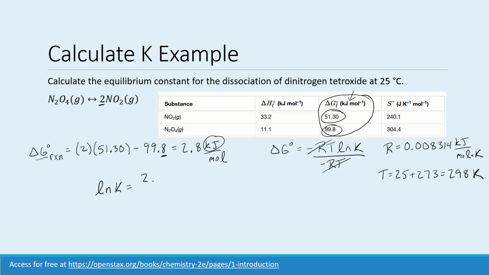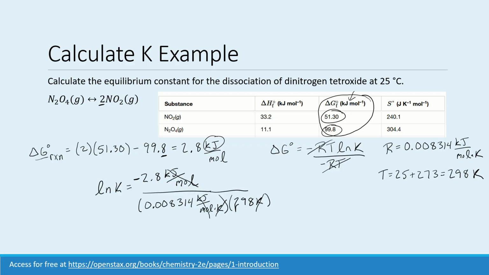So the natural log of K will be equal to your delta G value of 2.8 kilojoules per mole, divided by a negative RT, so we'll just throw this negative up front, times the 0.008314 kilojoules per mole Kelvin, and times the temperature value of 298 Kelvin.